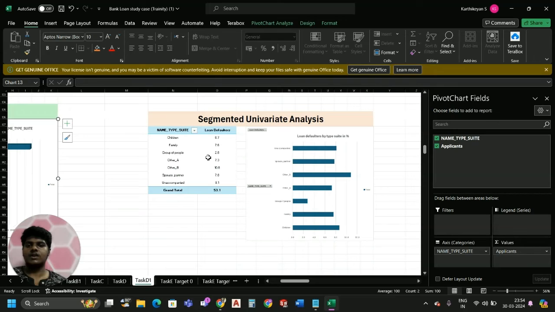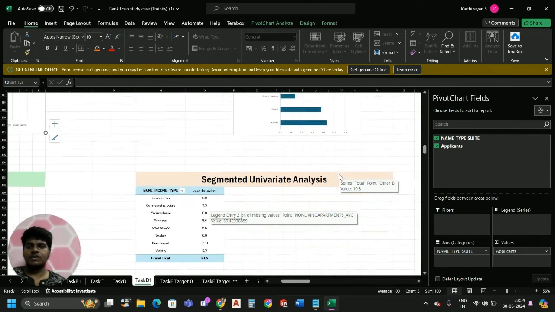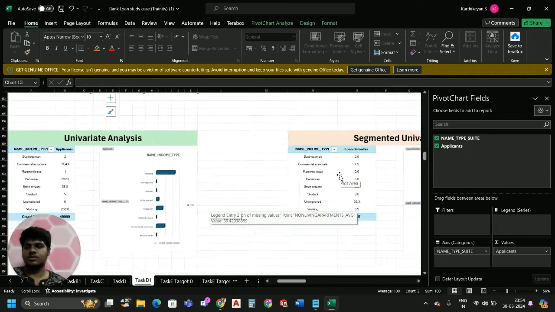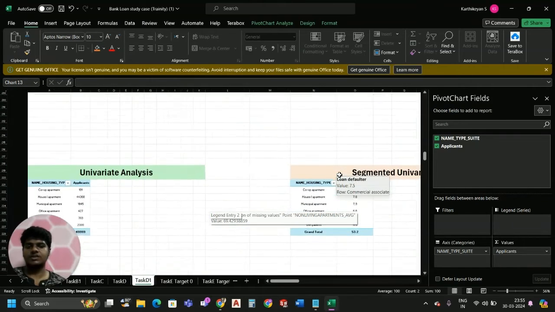In the same manner, when it comes to the segmented analysis, the client who came alone or with the children or with the family, and who has loan default, that means who has difficulties in repayment, Other B has the highest number of loan defaulters, that is 10.8. You can see here. So in this manner we have performed several varied segmented analyses.